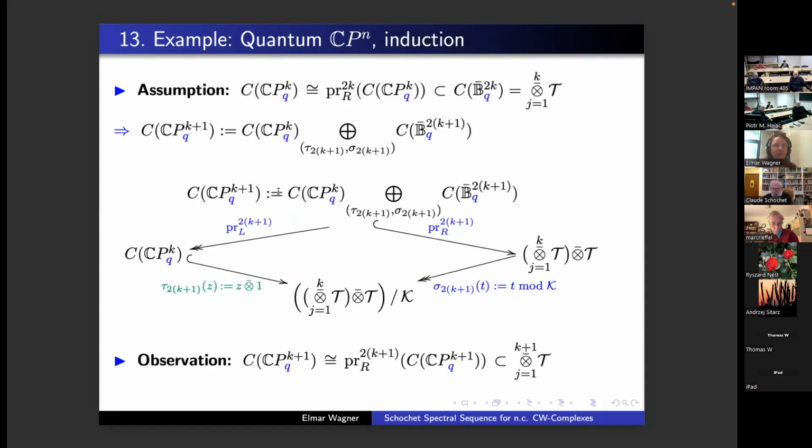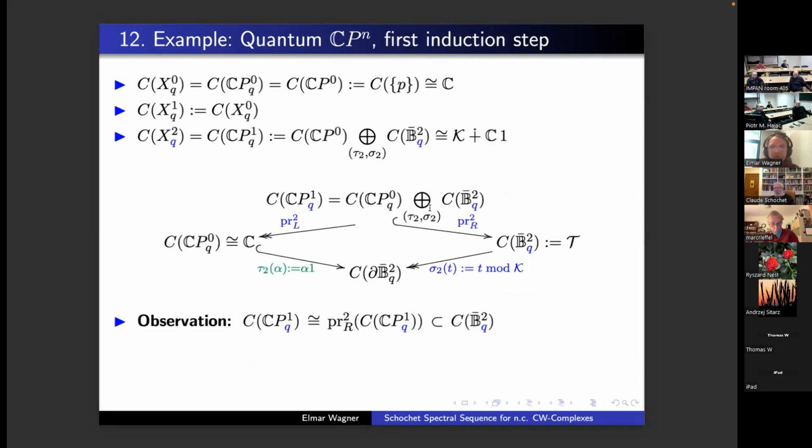and then we go by induction. Now we have some CP1, and we want to have a CP2 and higher. What's maybe important here is that this is an injection, and this is the pullback diagram. So I get an injection of my CP1 into the Toeplitz algebra. That is a condition which I will need for my induction process.